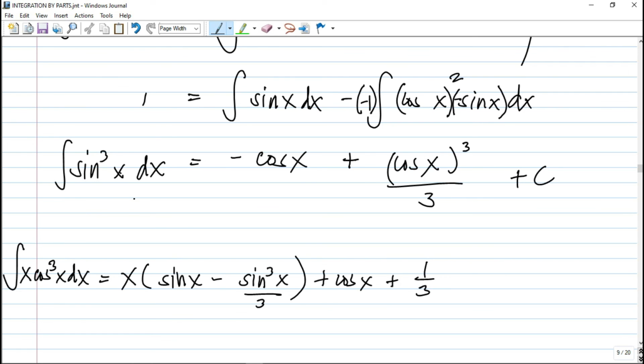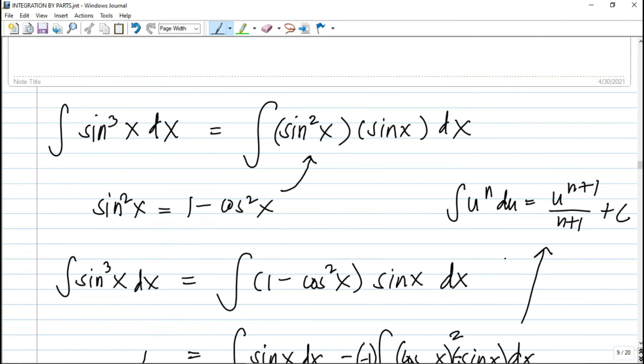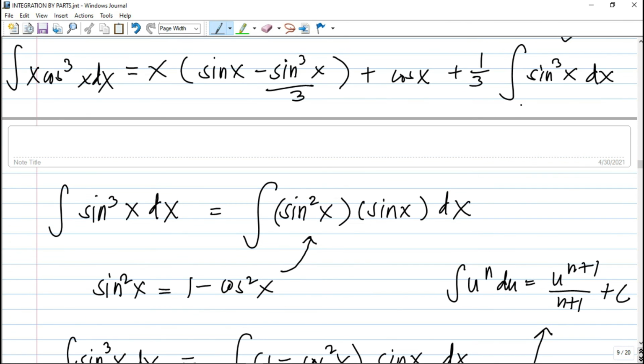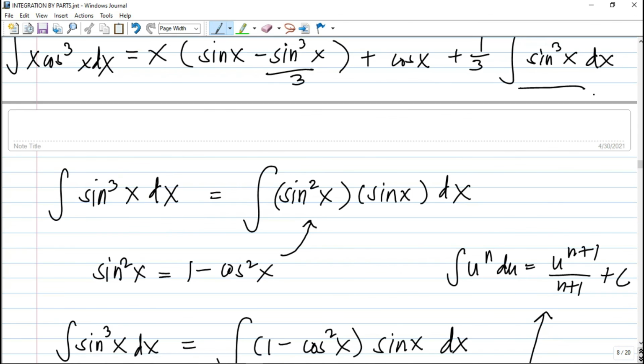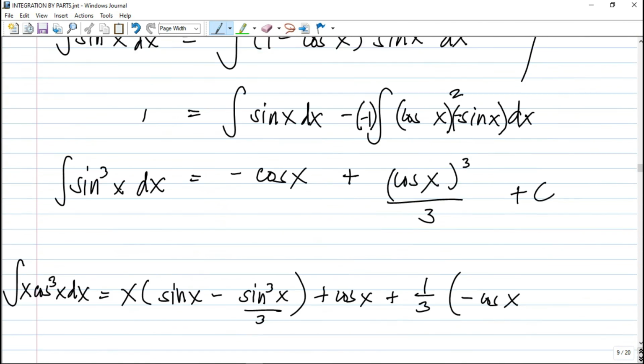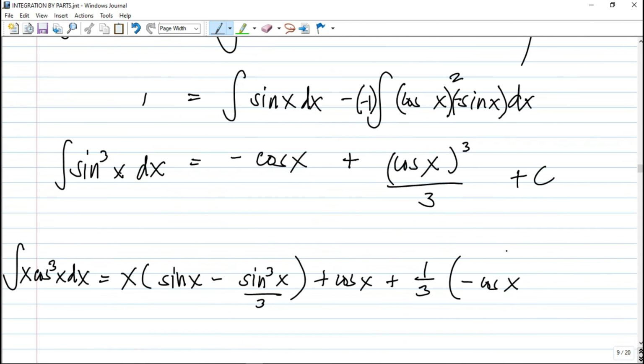Integral ng sine cube x, that is negative cosine x plus cosine cube x over 3, from our answer here. So 1/3 times integral ng sine cube x, which is negative cosine x plus cosine cube x over 3. So we have here plus c.